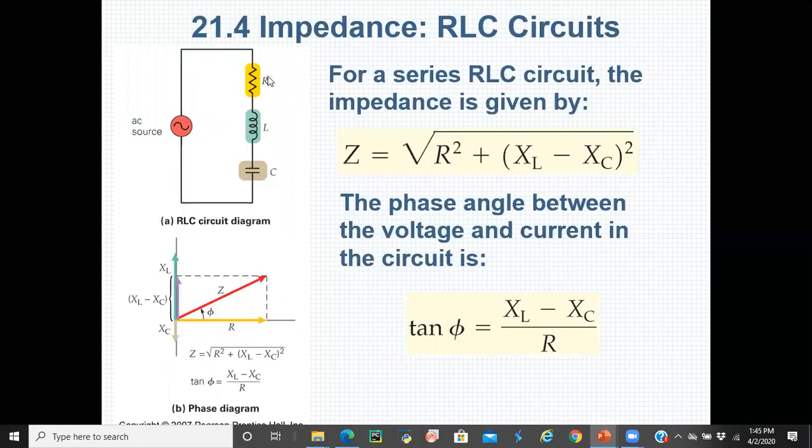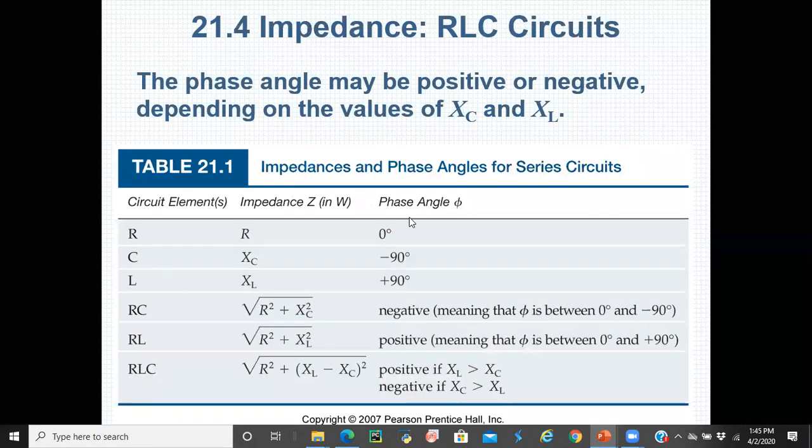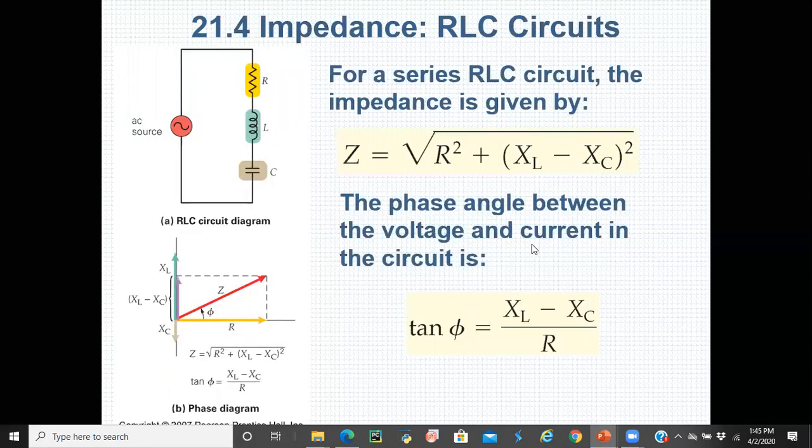When you have inductance or capacitance in the circuit, there is a certain angle between voltage and current, which depends on capacitance and inductance. So the numerator is XL minus XC, divided by R. So we can calculate the phase also.